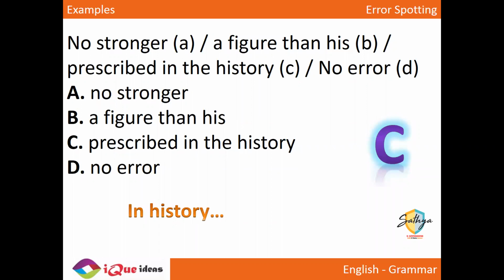But we only say history. History itself is being used as a period of time. Then we don't say in the history, we say in history. I hope everybody got this one. If you use the history, you have to follow it with history of what? The history of time, the history of money, the history of the Mughals, the history of something. But if you use only the word history, the article the will not be used.